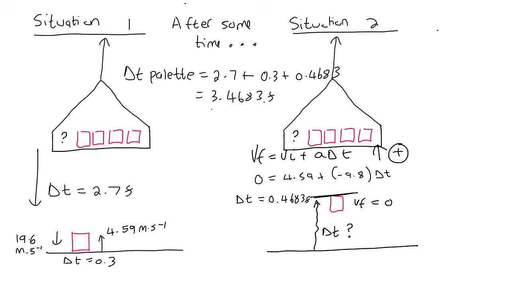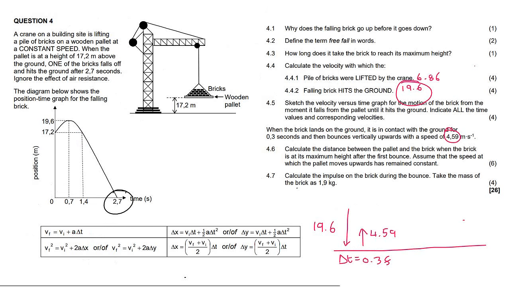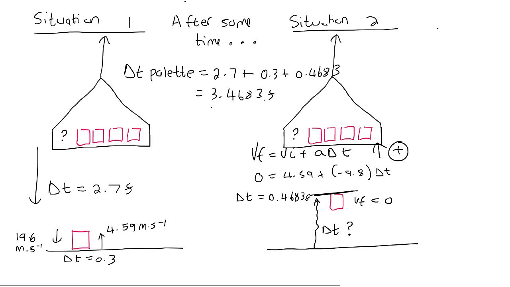Can you guys remember what the original velocity of the pallet was? Well, it was the same as the velocity of this brick before it fell. Now, if we look here, we can remember that it was 6.86 meters per second. So that pallet has been moving upwards at 6.86 meters per second for 3.4683 seconds.